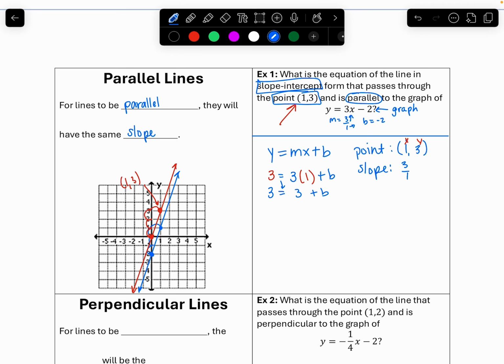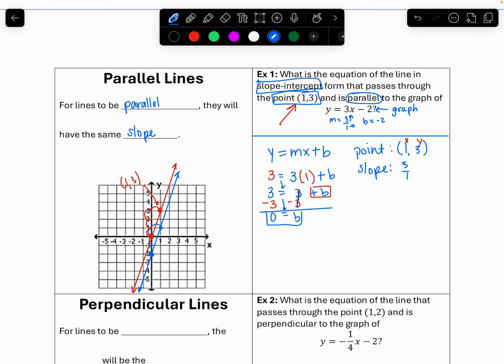Again, equal signs have to be in the same spot. So we have to get rid of this 3 here to isolate b. Minus 3, minus 3. Okay, again, this will be 0 equals b.